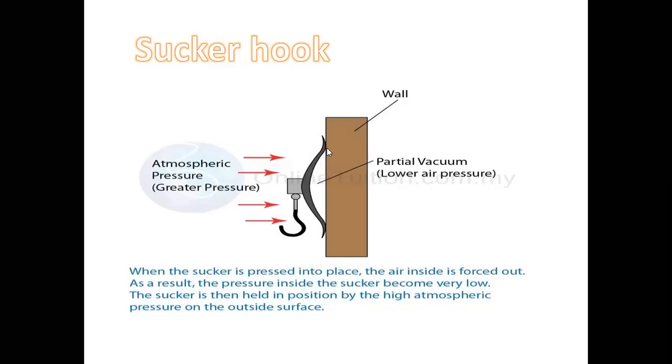This black part is rubber. We press this inside, and inside low pressure is made, and from outside the air pressure will push it. It will stick to the wall. This is called a suction hook. And on this hook, we can hang objects.